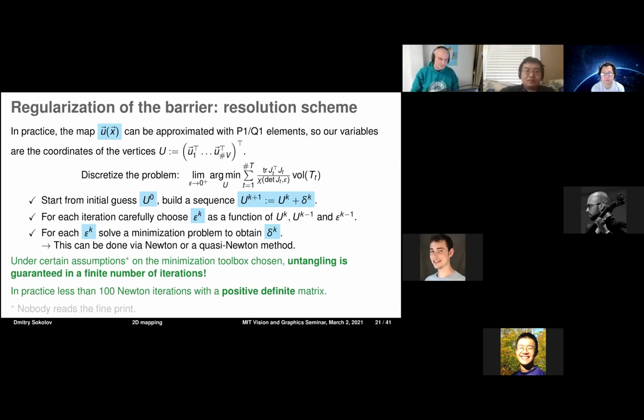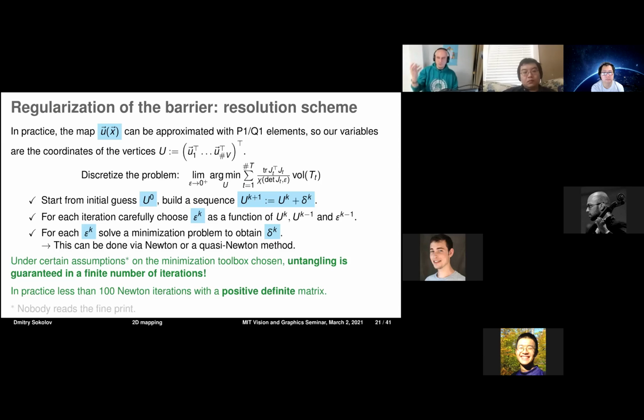So, with certain assumptions, and I'm talking about fine print here, we have a way to choose this sequence of values epsilon k so that the global minimum, for example, will be in the admissible set after a finite number of iterations. This is a consequence of our theorem.